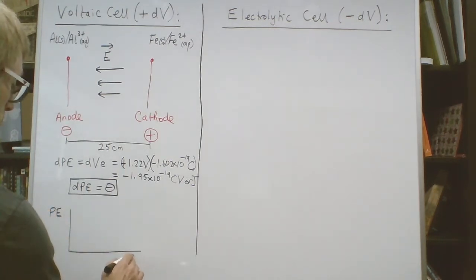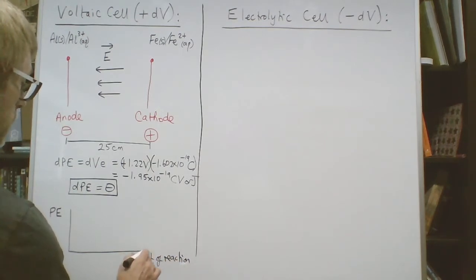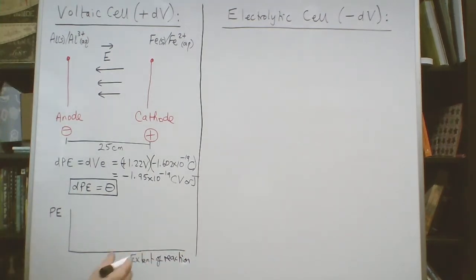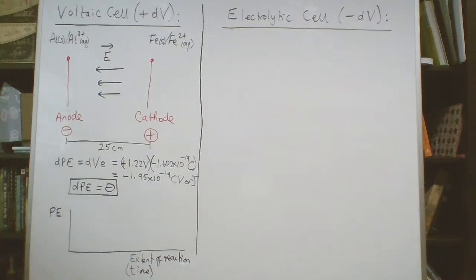We could plot extent of reaction on the x-axis, which essentially is just time, or at least it's proportional to time. You know, how long is the reaction occurring for? It's proportional to time.